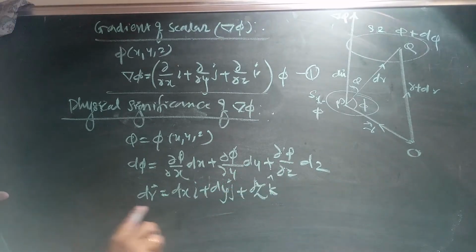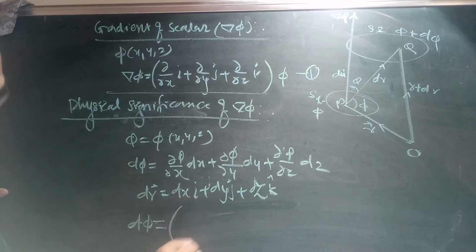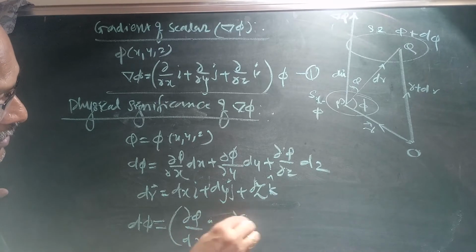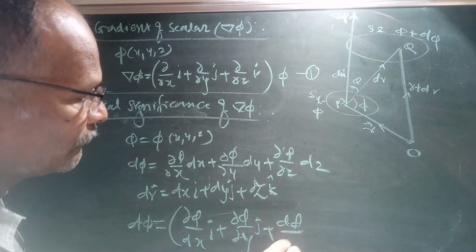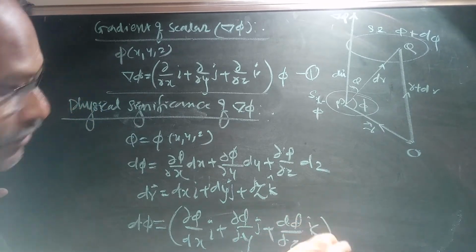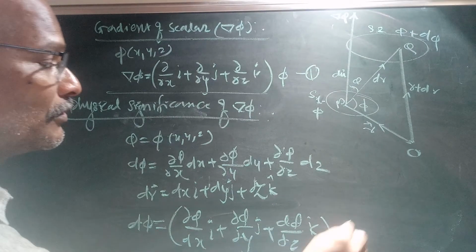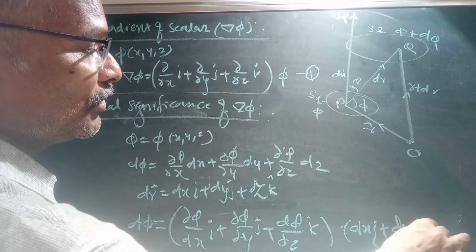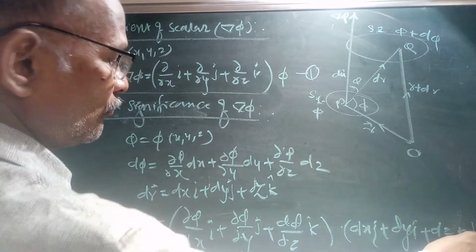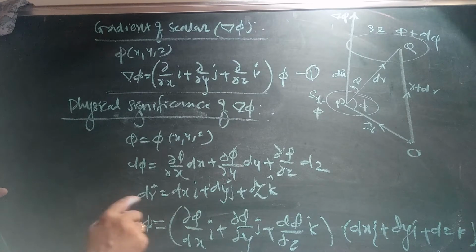This is a very familiar quantity, that is dr. Therefore I will write d phi is equal to ∂phi/∂x into i plus ∂phi/∂y into j plus ∂phi/∂z into k, dot dx i plus dy j plus dz k.